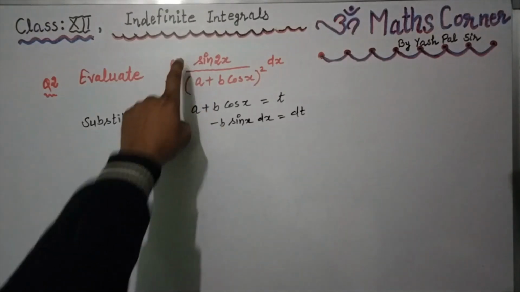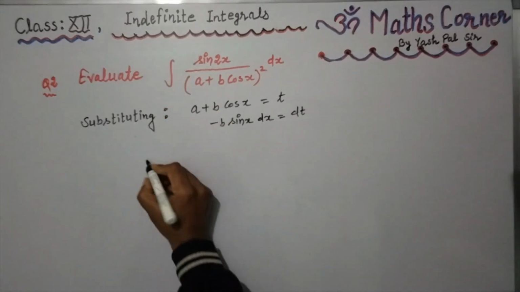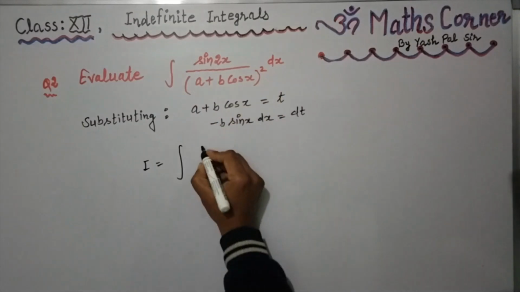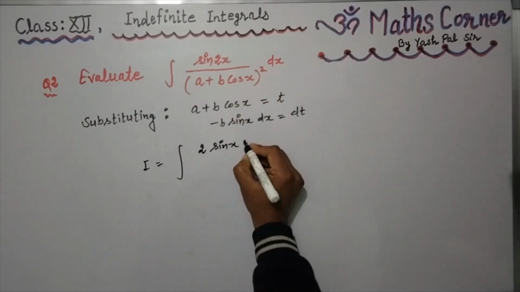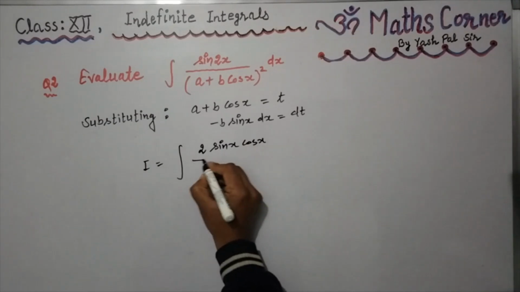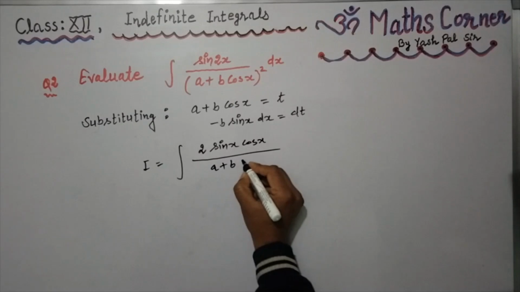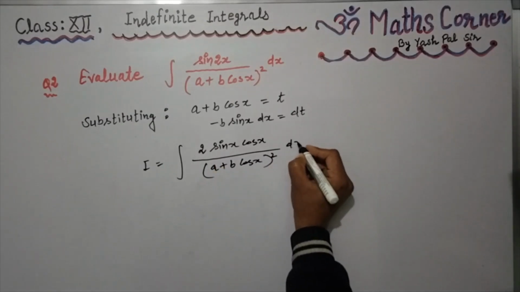We apply this in the given integral. The given integral can be written as sin 2x, which is equal to 2 sin x cos x, divided by (a + b cos x) whole square, into dx.